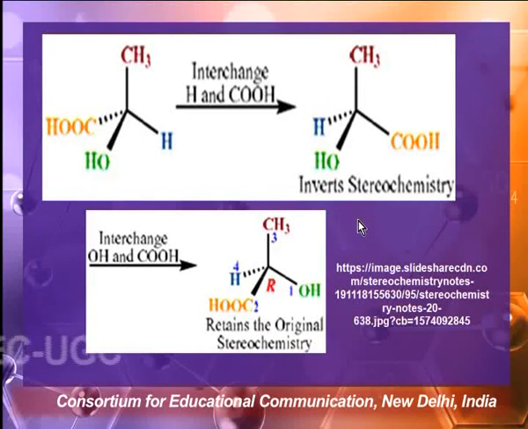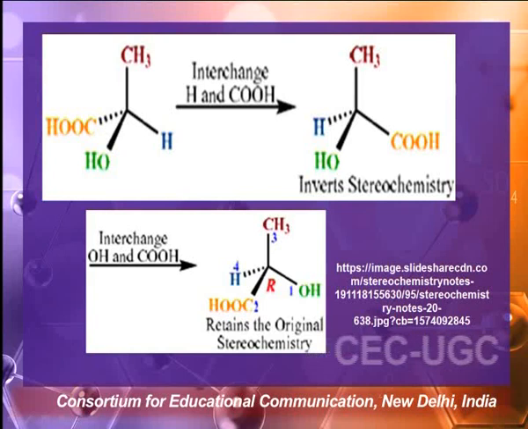And now we view the molecule, and when we do so, we see that our eye is traveling in clockwise direction when we go from OH to COOH to CH3. So that means the configuration is R.